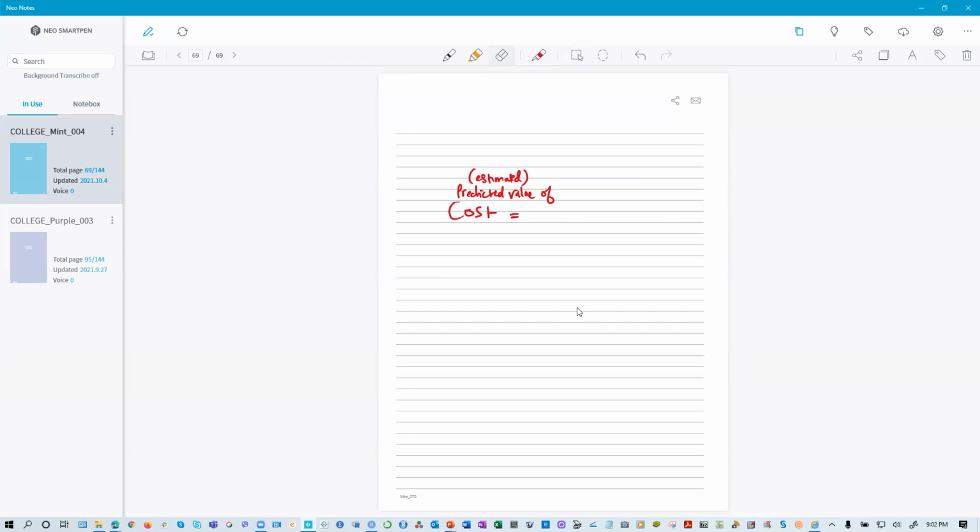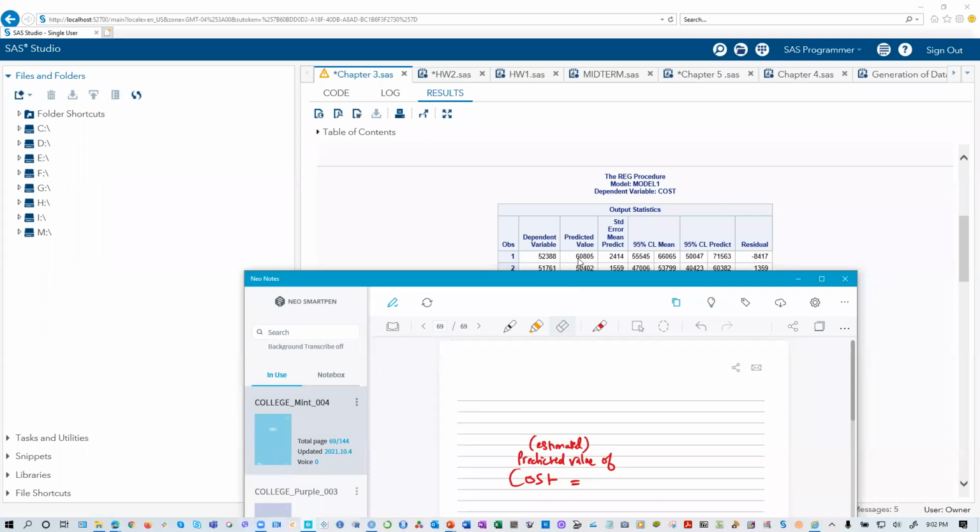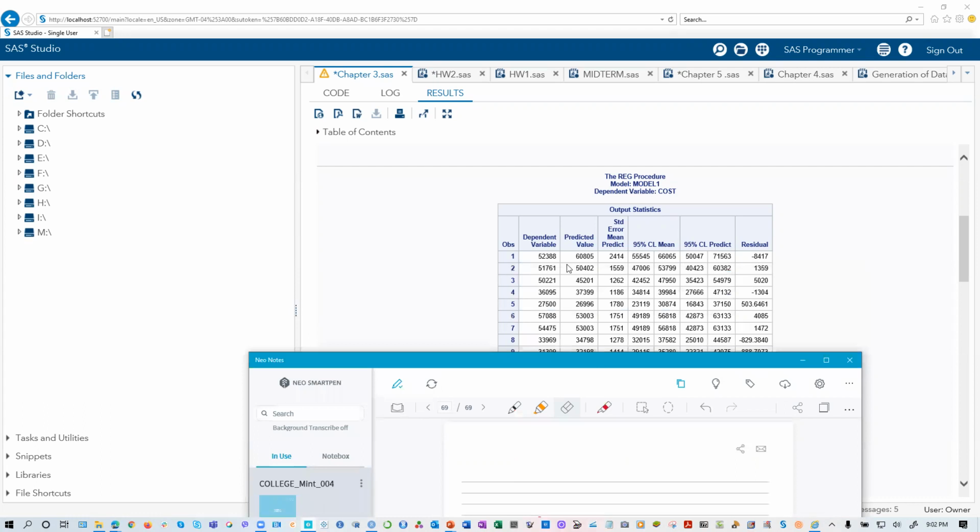Let's say that for a given number of nodes, the predicted value is 68,805.